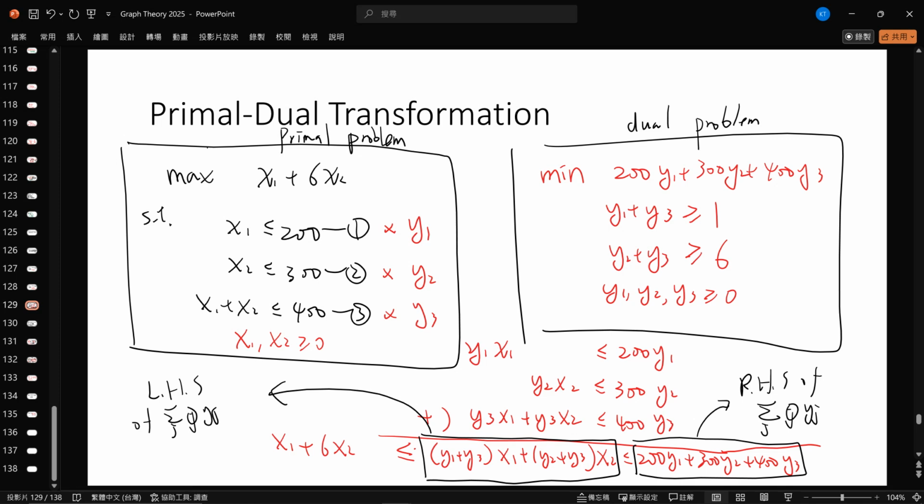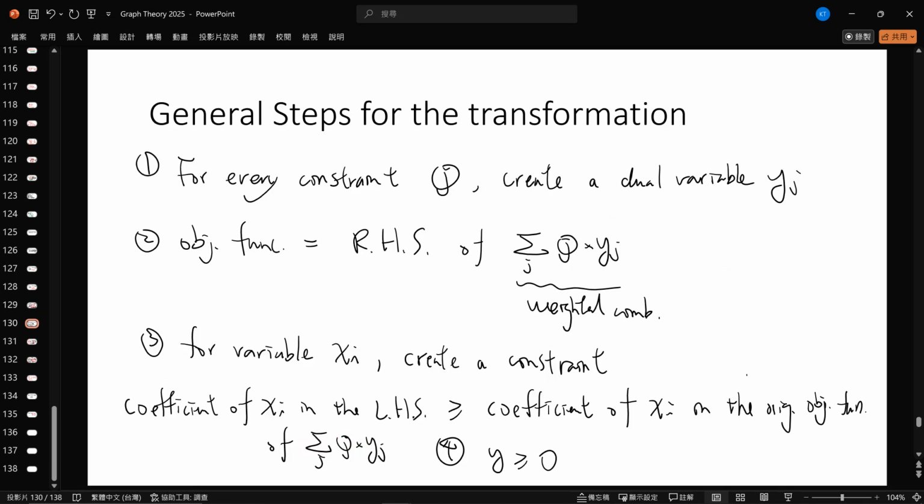This is the weighted combination of all the constraints, and it is actually an inequality. Then we're going to minimize the right-hand side.